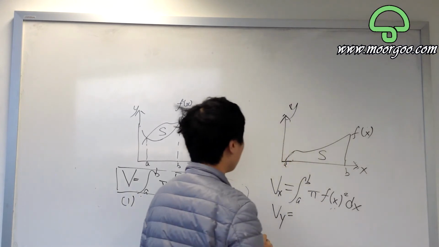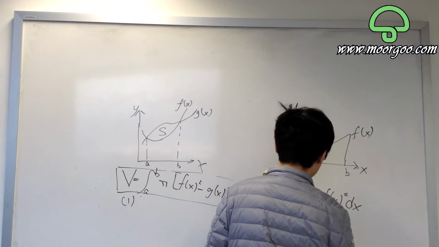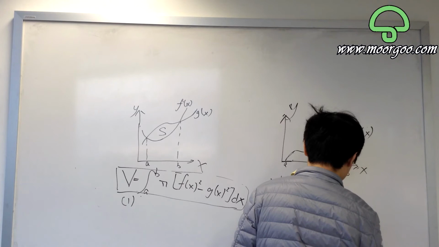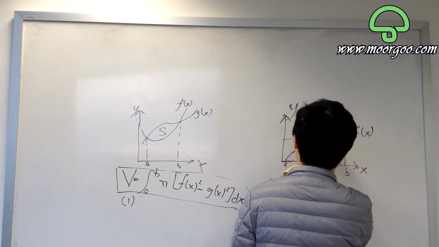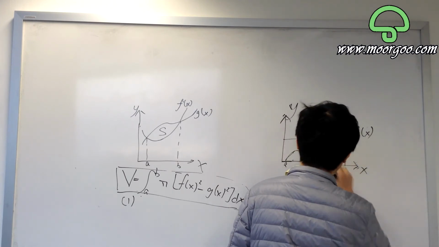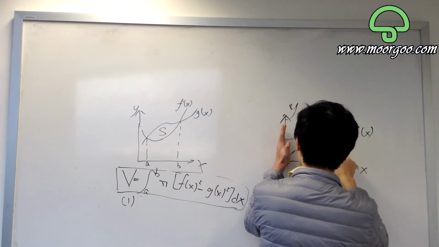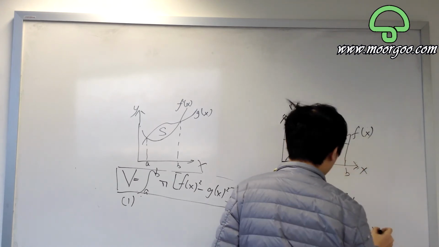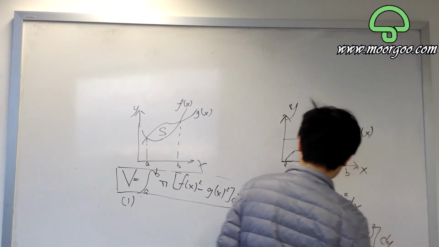What if we want to rotate it around the y-axis? Now, what is big R? Big R is this, which is b, and small r is this, which we could write as f inverse of y, squared, dy.